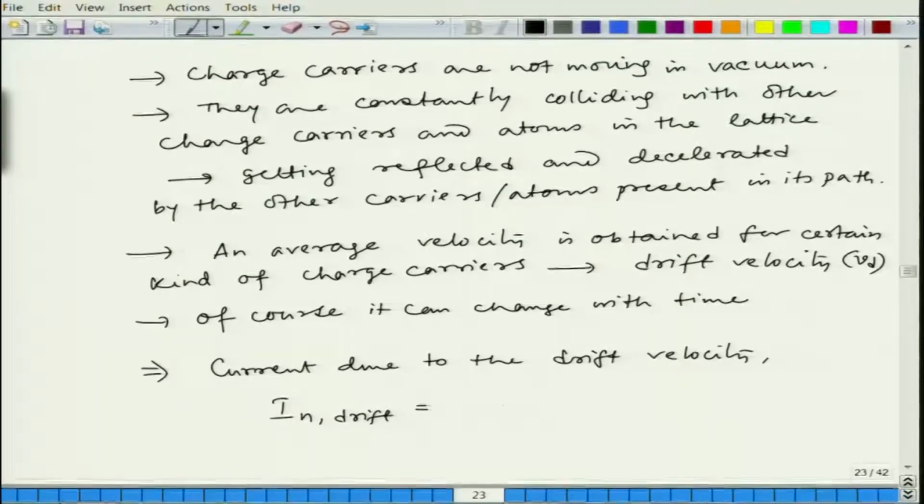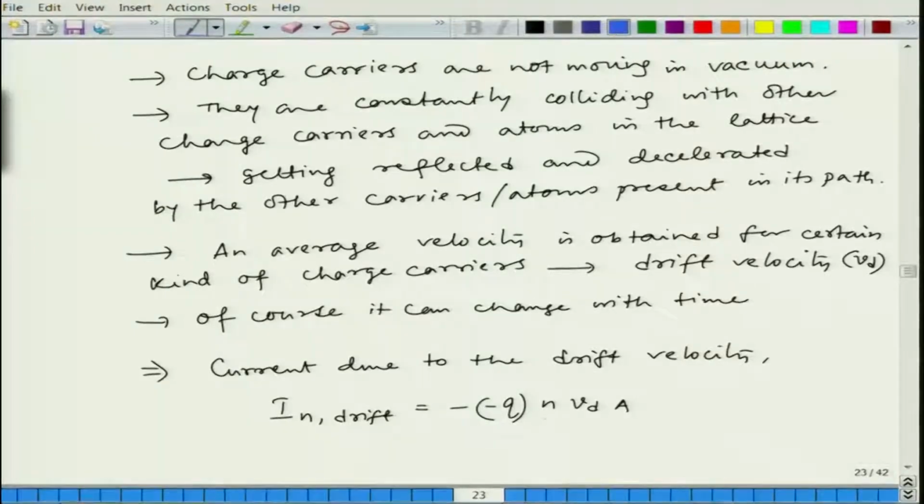Okay. Now, it will be q into n into V d into A, and the charge of each electron is minus q, and the current is always measured in the direction opposite to the electron. So, there is another minus sign in front. And what are the other things?